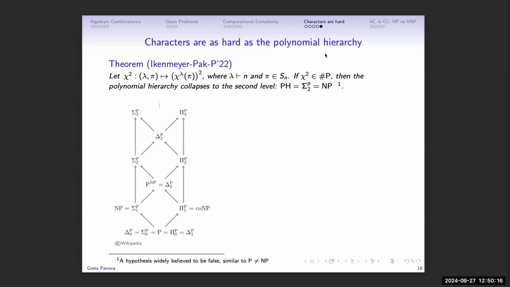So you can actually build a tower of classes where you can do more and more things. This is the polynomial hierarchy. Then the second level is this thing here. We assume, and people assume, that all of these are going to be different.